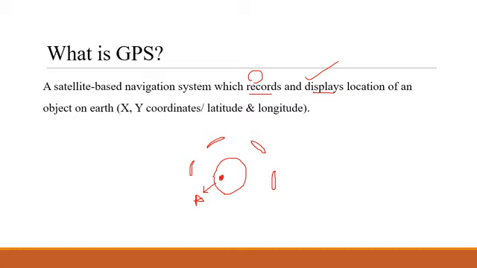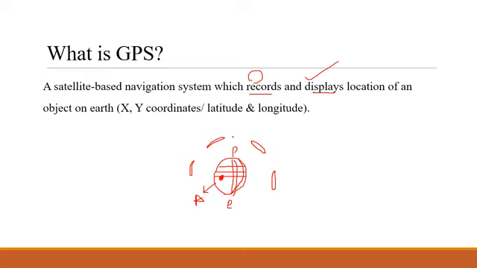Latitude lines start from the center of the earth towards north and south, while longitude lines go from the two poles, starting from the first pole and ending at the second pole.